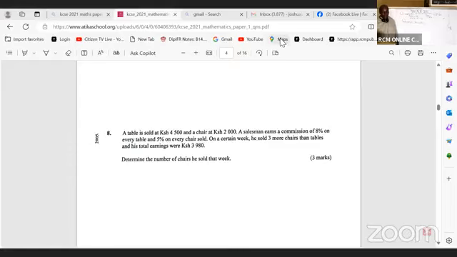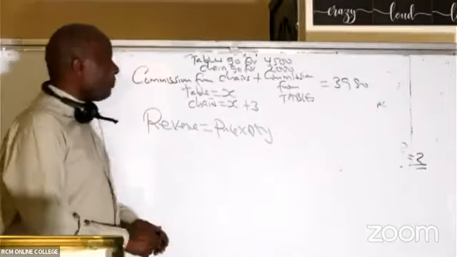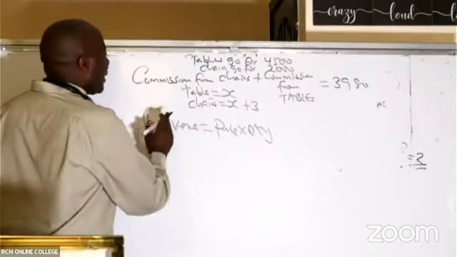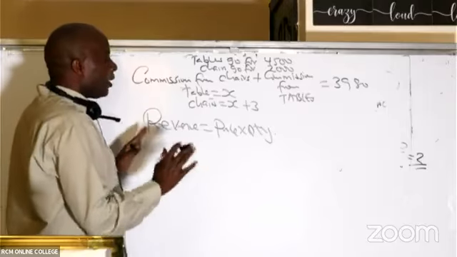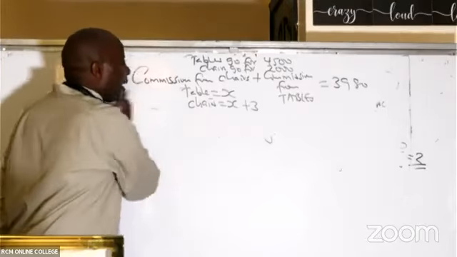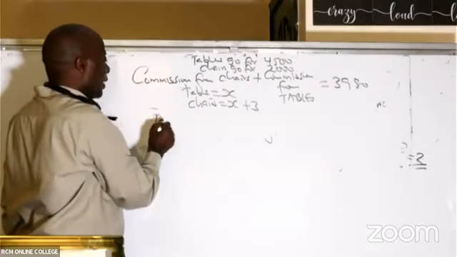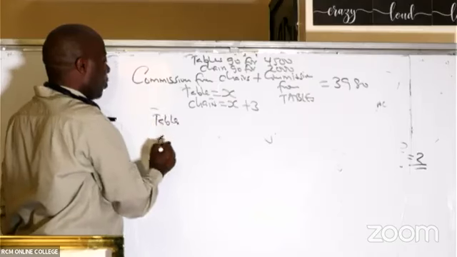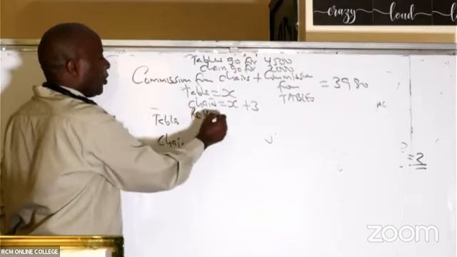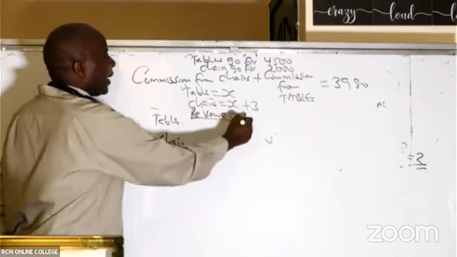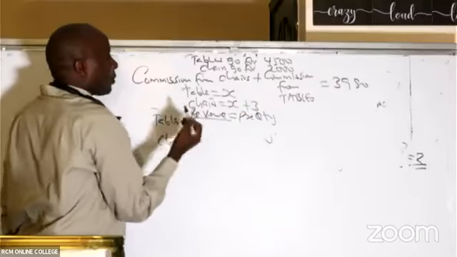So then we come back here. The total revenue, first of all, because commission is paid on revenue, is price times quantity.